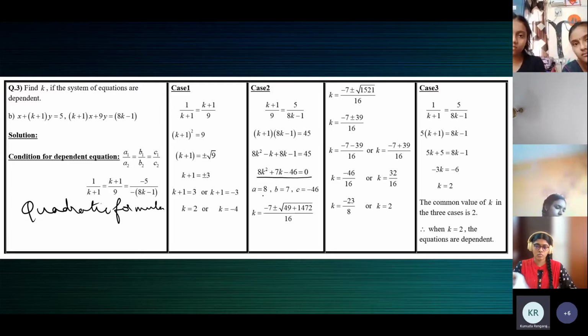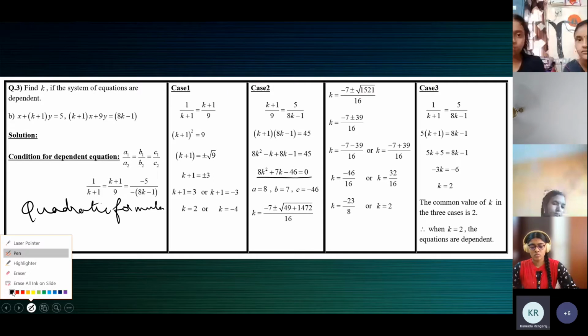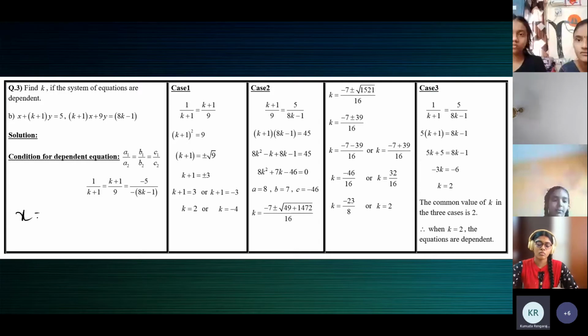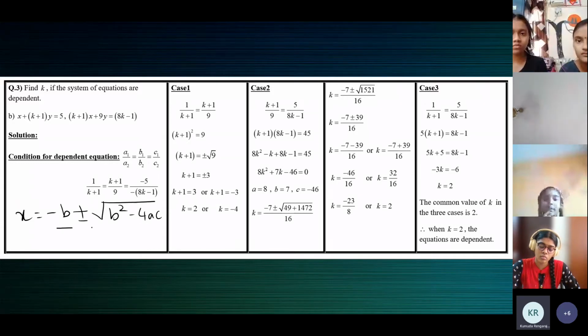So how do we solve the quadratic equation using the quadratic formula? What is the quadratic formula? x is equal to minus b plus or minus root of b square minus 4ac by 2a.